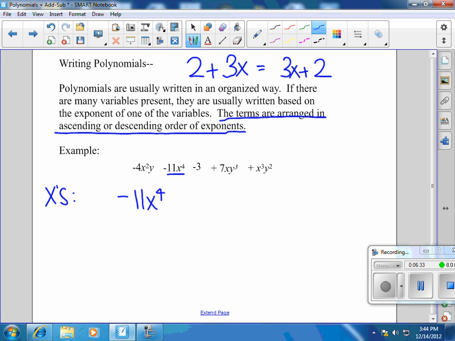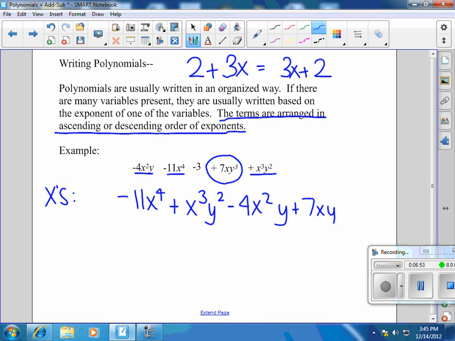And then the next amount of x's is that one, so plus x cubed y squared. And then the next lowest amount of x's is negative 4x squared y. And then this guy only has 1x, so we want to write him next. And then finally negative 3 with no x's on there.